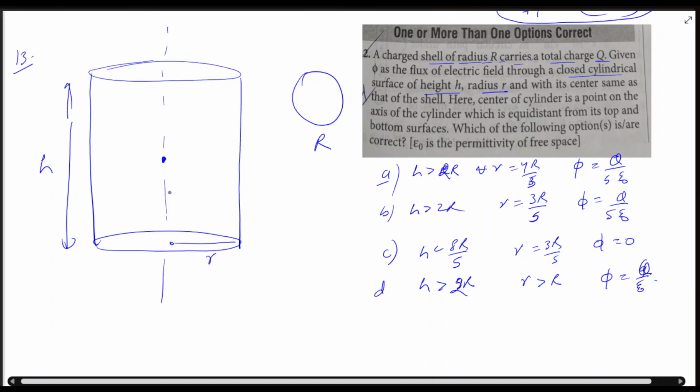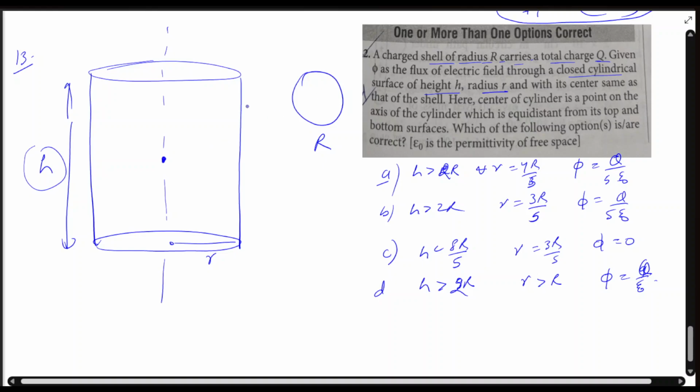Which of the following is correct? Given the flux through this, with the center same as that of the shell, we have put our sphere like this. In different situations we have to make the diagram and study it. If the cylinder completely engulfs our sphere, it will be like this.